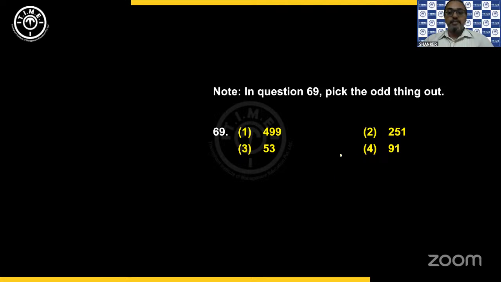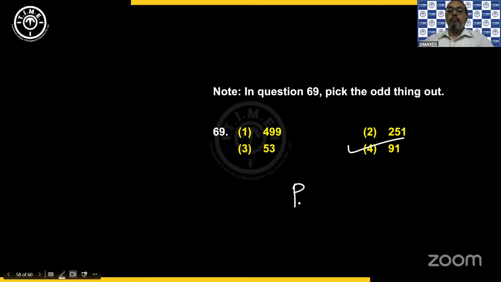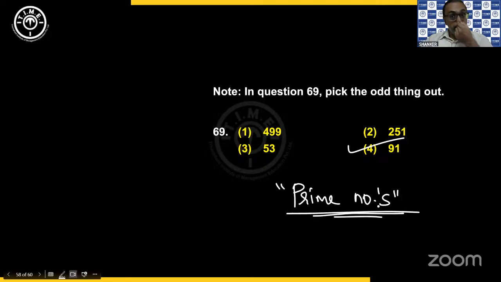So I will say except the fourth option, remaining all are prime numbers. Why? Because 91, even though it is an odd number, has factors. 91 has 13 into 7. Any number that has factors is not a prime number. Correct? So, fourth option.